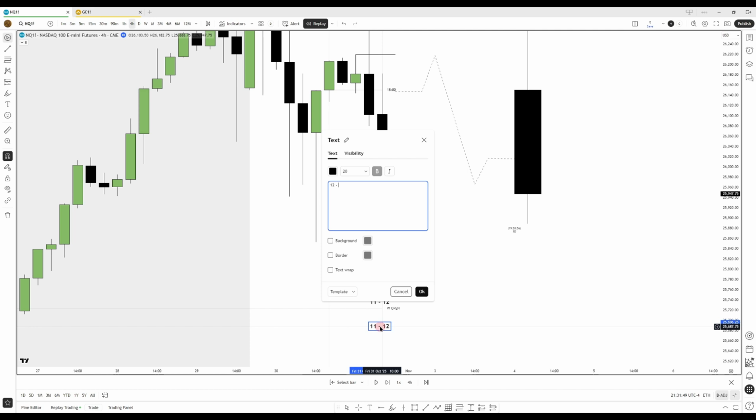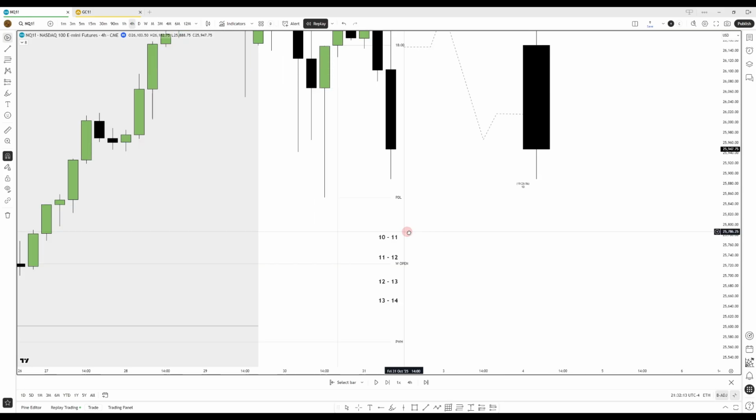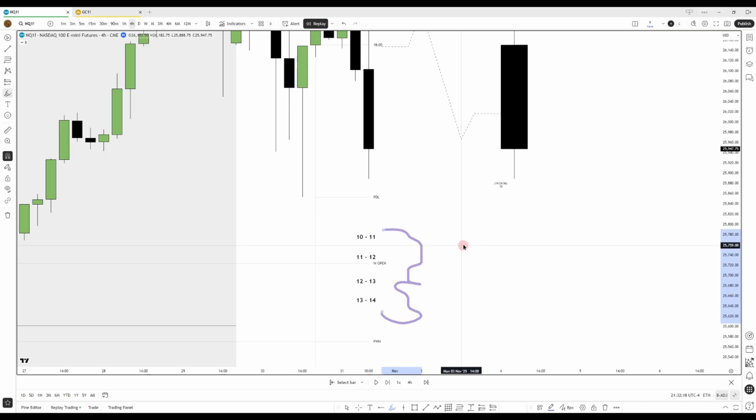And then 13 to 14, that's the fourth candle. And then 1400, you get what I mean when I say 14. Okay, perfect, military time. So these 4 hourly candles create 1 4-hour candle. Yeah.